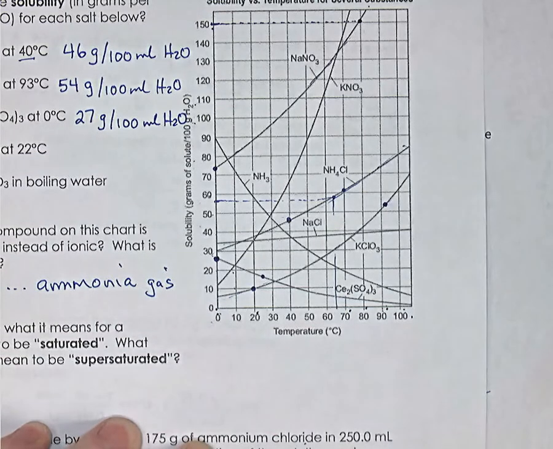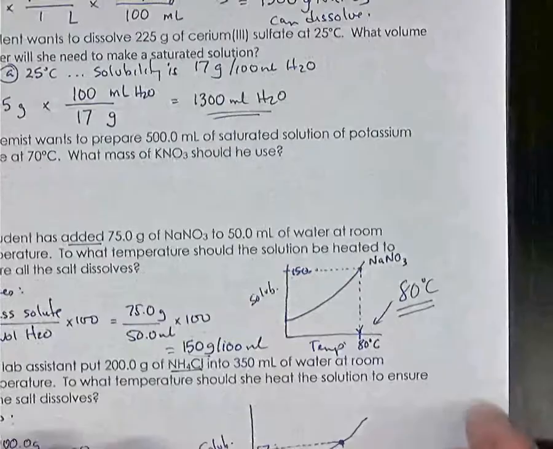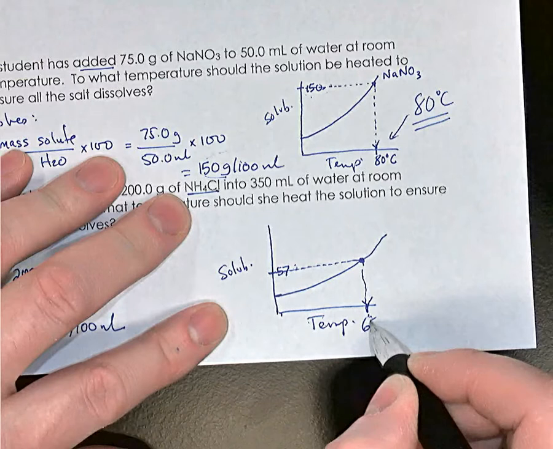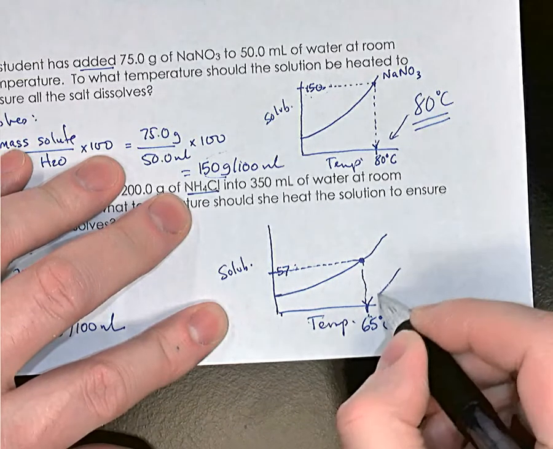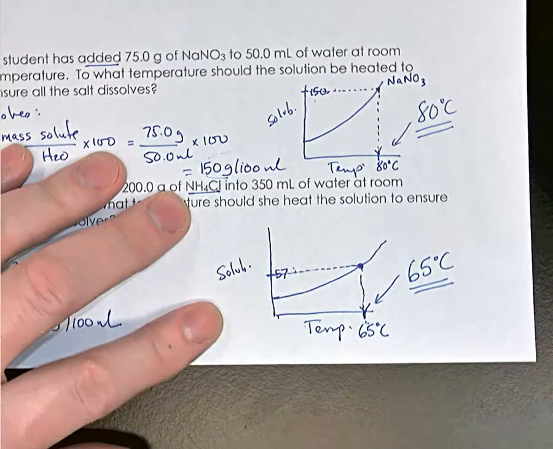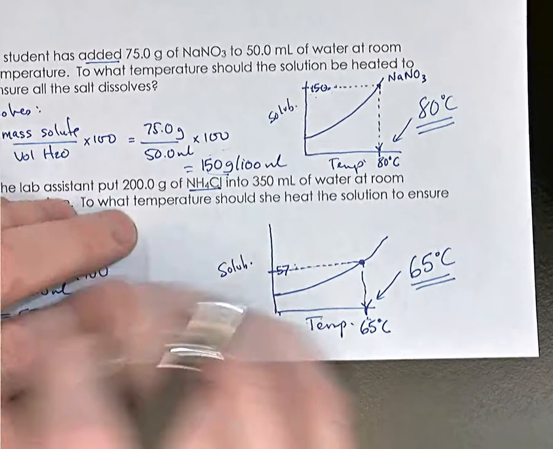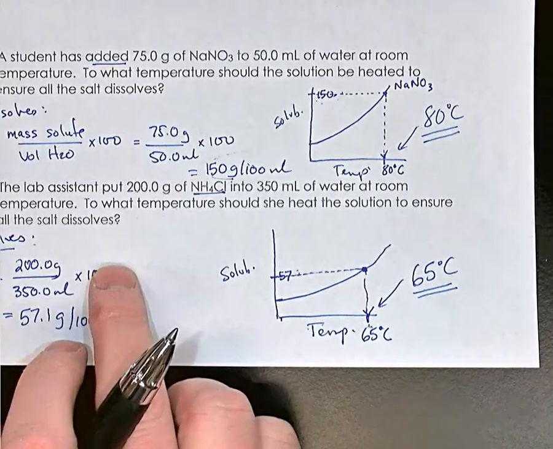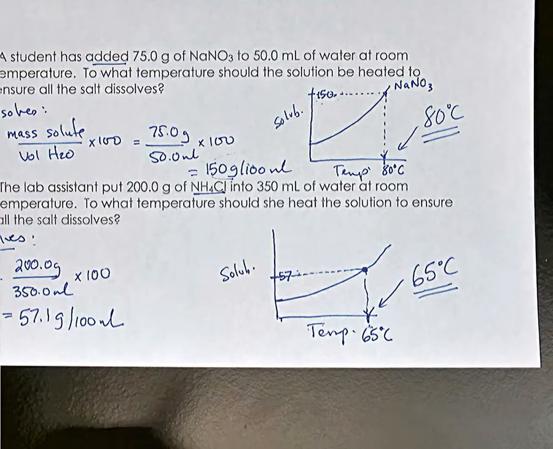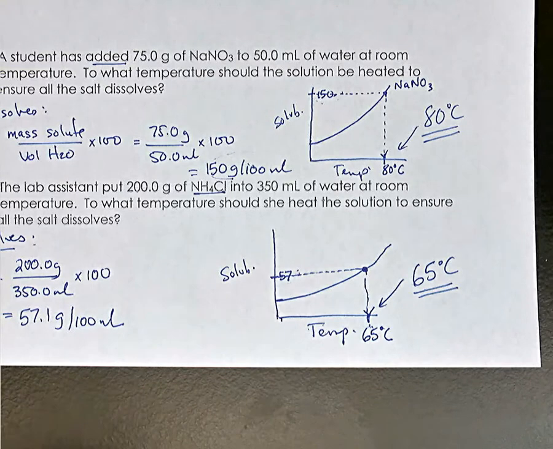So 64 or 65 degrees Celsius would be a good answer to this question. So I'll say 65 degrees Celsius, and that's the temperature to which you should heat the solution so that all of our salt would dissolve. And when it dissolves, the concentration will be the same as the solubility. The solution would be perfectly saturated at that temperature.